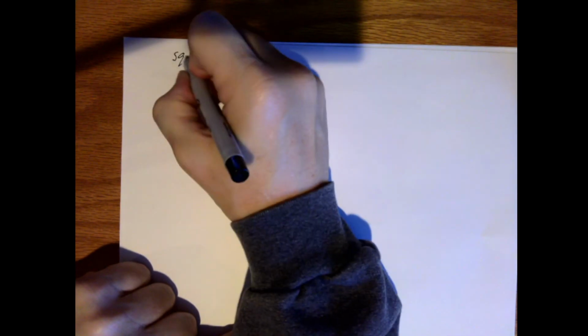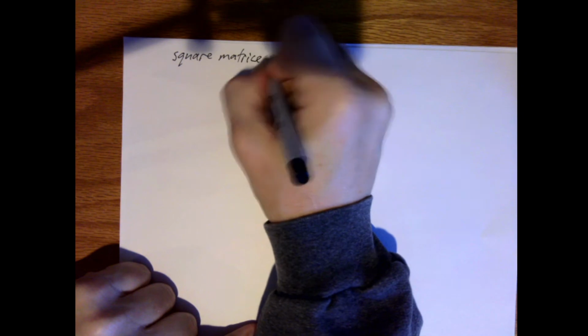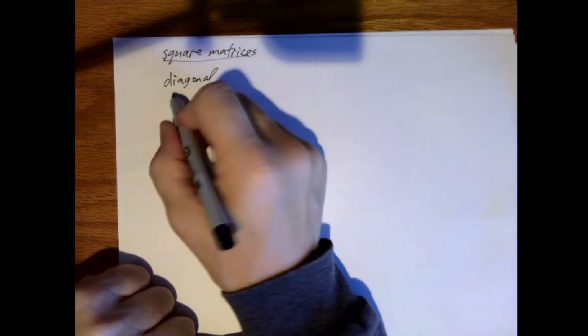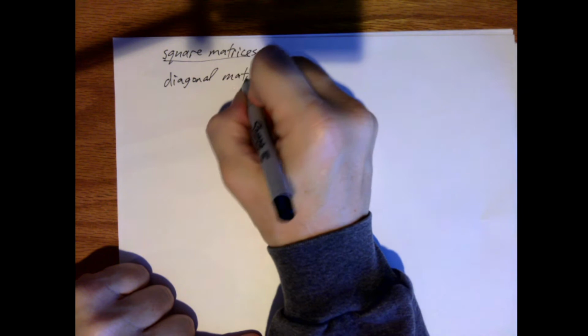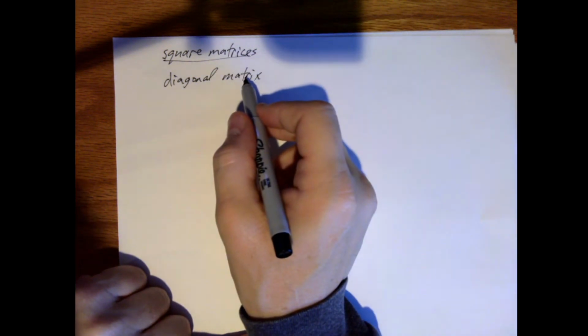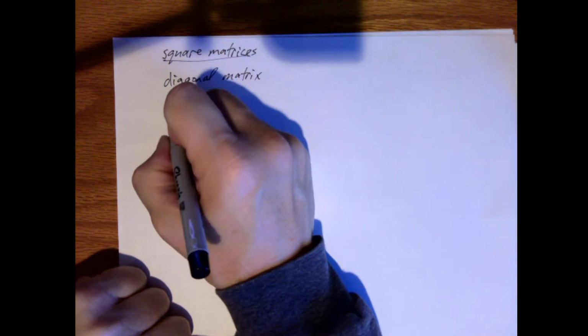Now, if we continue on discussing square matrices, one of the particular types is something called a diagonal matrix. And don't confuse a diagonal matrix with the main diagonal of a matrix. Okay? So what is a diagonal matrix? A diagonal matrix is something like this.